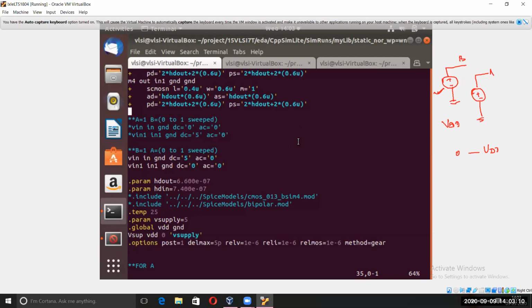In the other case, VA is equal to VDD and VB changes from 0 to VDD. So in these two cases, she wants to show what the performance will be.